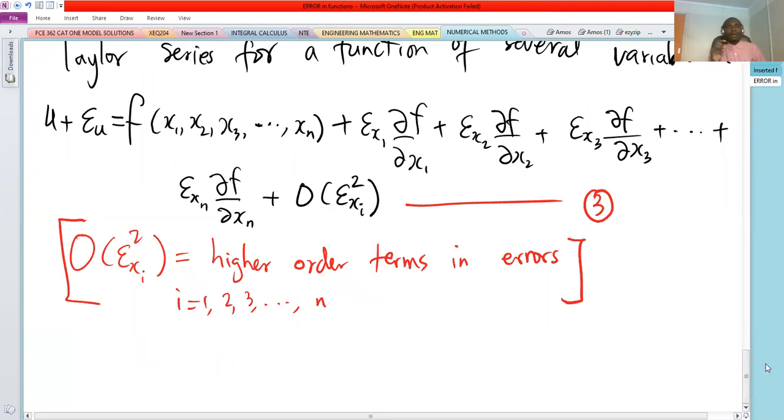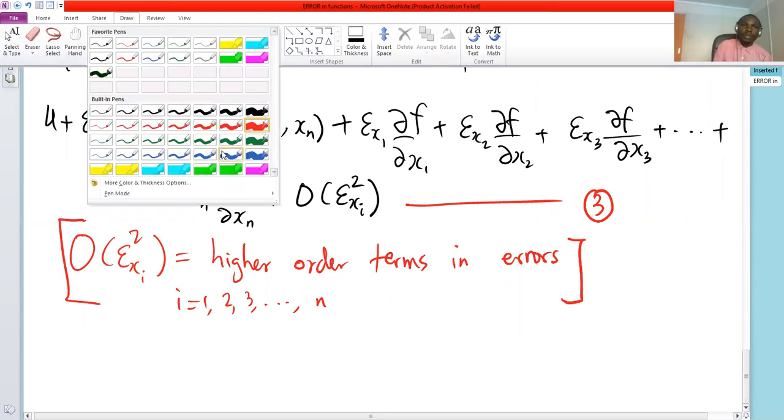Now, since these error magnitudes are assumed to be very, very small numbers, then all the higher order terms in errors will be assumed to be 0. That's a very key thing that you need to remember when we are doing this derivation.